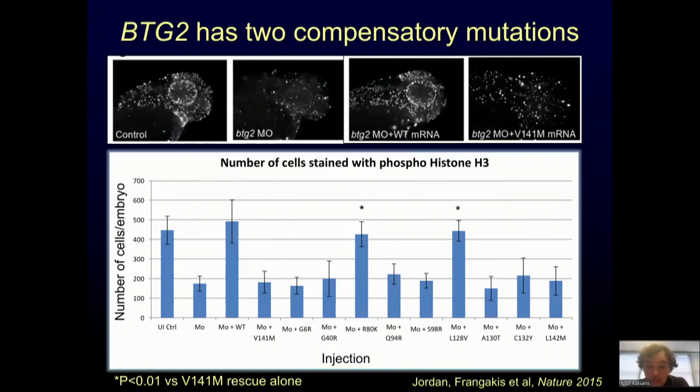We tested all of them, and lo and behold, it turns out that the arginine 82 to lysine and the leucine 128 to valine, leucine to valine being one of the mildest changes ever thought of, each of these independently can fully convert a mutant human mRNA to wild type.